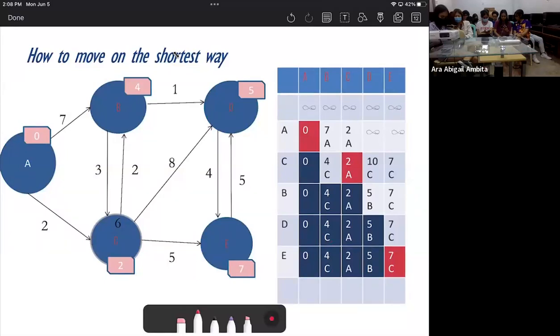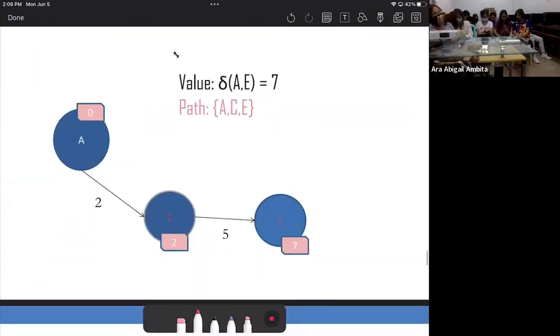So, si E galing kay C. Tsaka si C galing kay A, yun na yung source vertex natin. So, nag-backtrack ka lang kumbaga. So, our path then is 2 to 5.